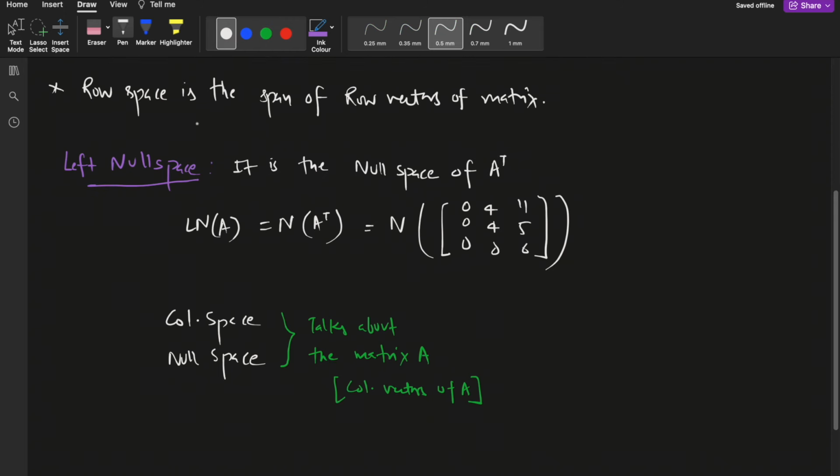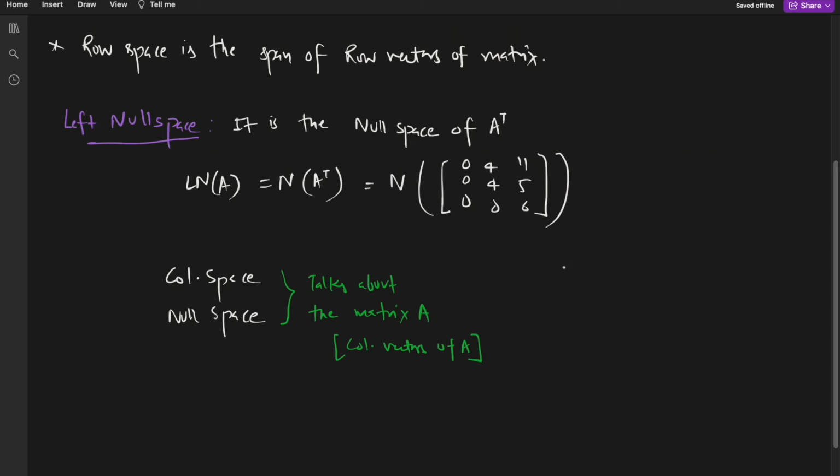Similarly, we have these two spaces, the row space and the left null space.